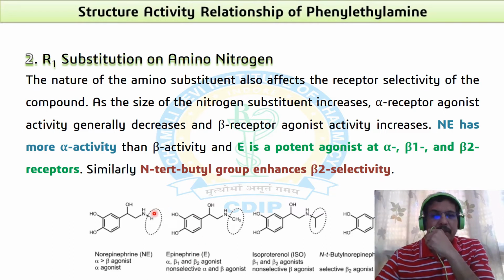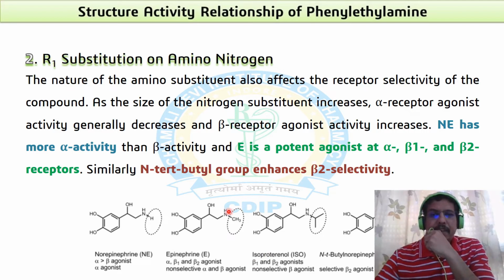But if we change this hydrogen to methyl, it is converted into epinephrine, and this epinephrine is an alpha as well as beta 1 and beta 2 agonist. Ultimately here we get non-selectivity. They are unable to differentiate between the alpha and beta receptor.